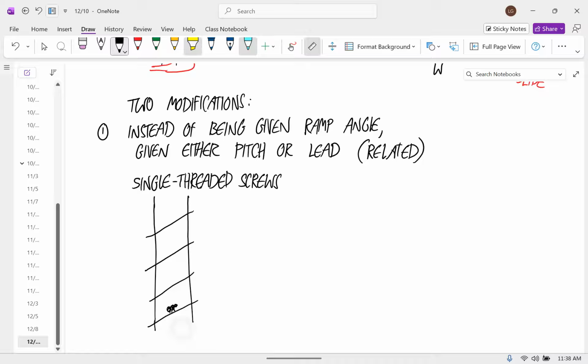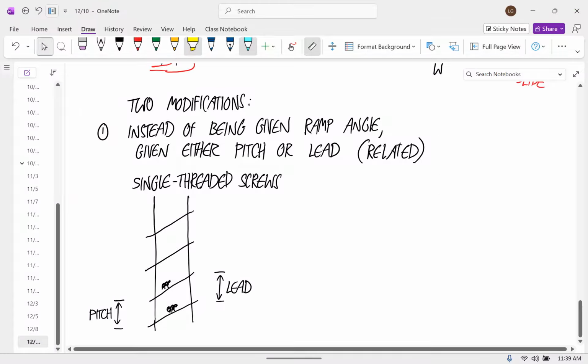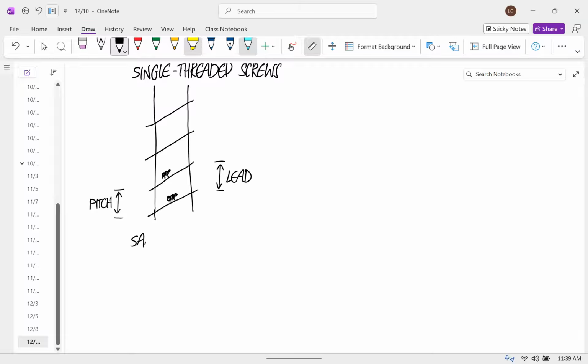And the next time you see him come around to your side of the screw, you would see him here. So that's what a single threaded screw is. So in that case, the pitch is this, and that's also the lead. So these are the same for single threaded screws.